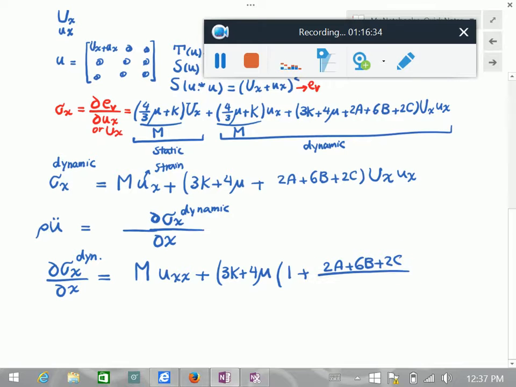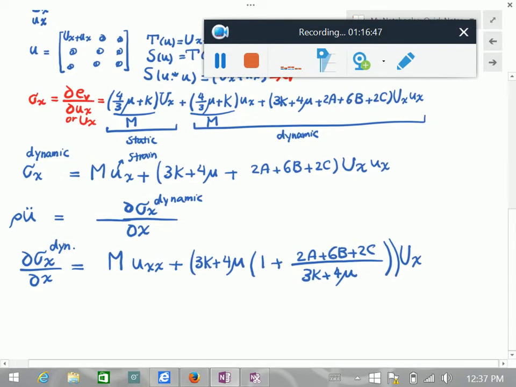I'm just factoring 3k plus 4 mu out. Let me not make a mistake. Ux, of course double x. Okay.